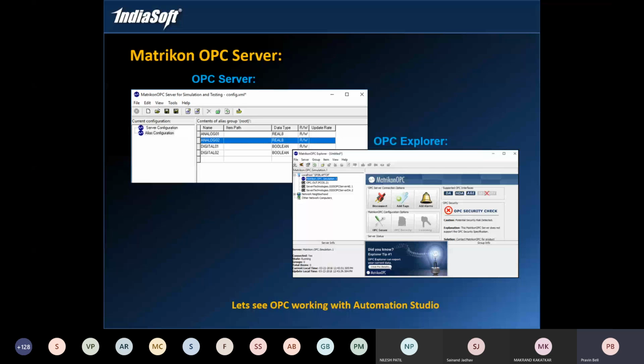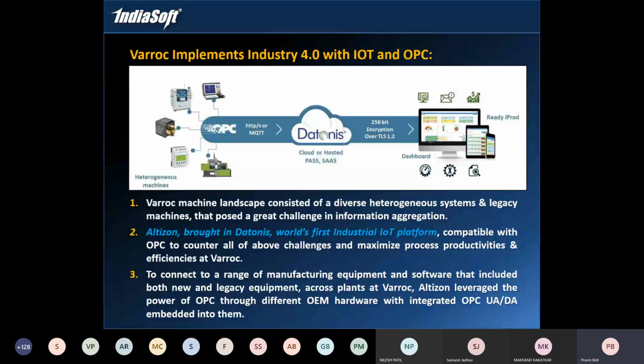Now, there are a lot of OPC gateways available. For example, Kepware has an IoT option now available. Kepware is a PLC based OPC server. I'll show you the screen of that.